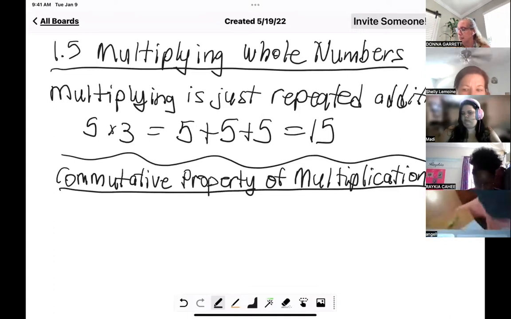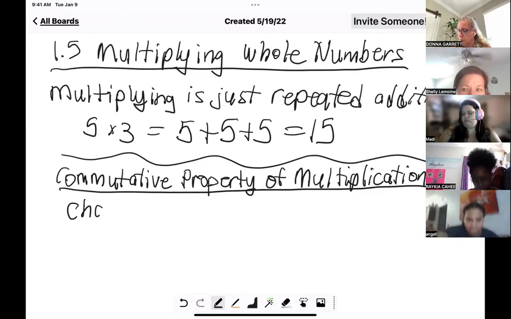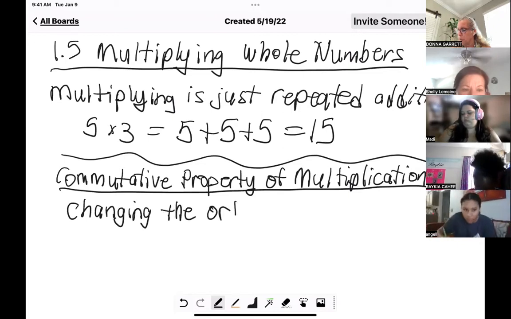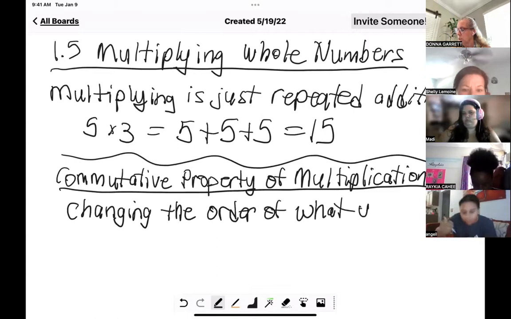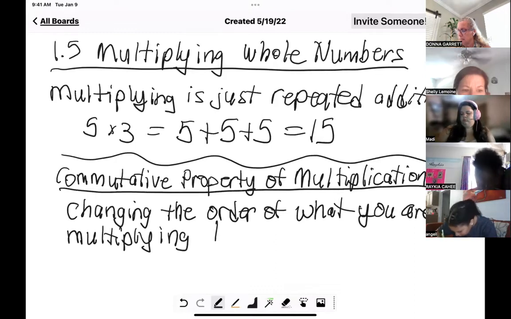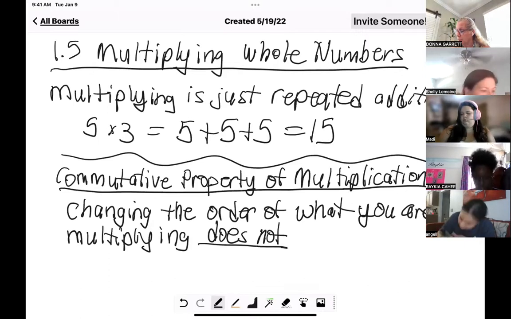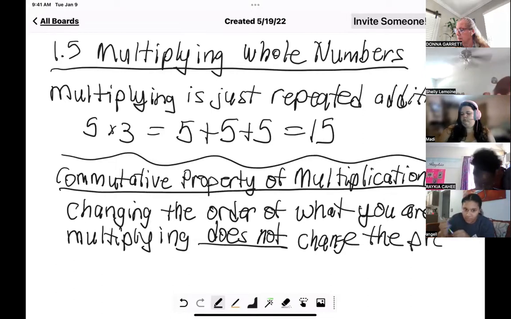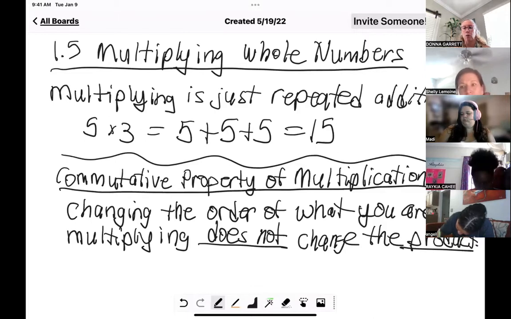But basically it says that changing the order of what you are multiplying does not change the product. Product, when you multiply, it's called a product. The answer is called a product.